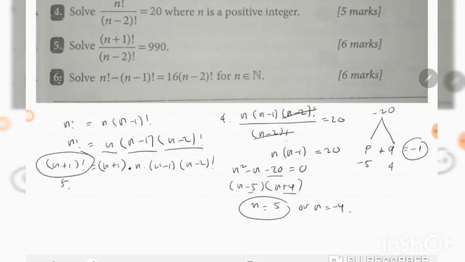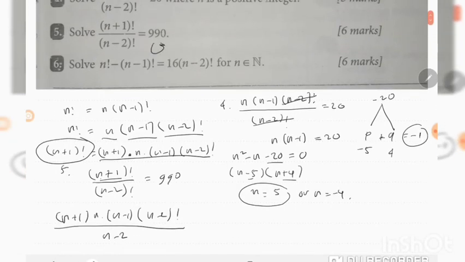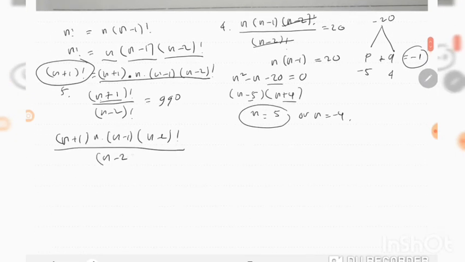So for number 5, n plus 1 factorial over n minus 2 factorial equals 990, and we change n plus 1 factorial into n plus 1 times n times n minus 1 times n minus 2 factorial, over n minus 2 factorial.